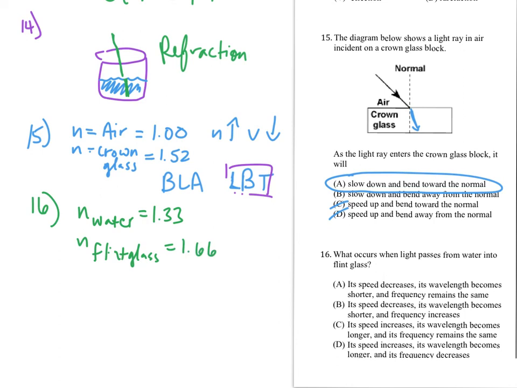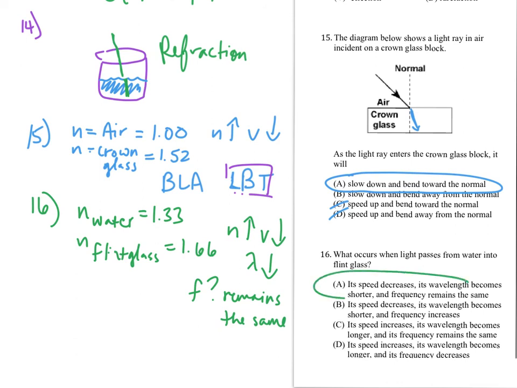What a sad, sad life. So here, N is going up, speed is going down. What else? Wavelength also goes down. And what about frequency? Remains the same. So its speed decreases, its wavelength goes down, and frequency remains the same. Choice A.